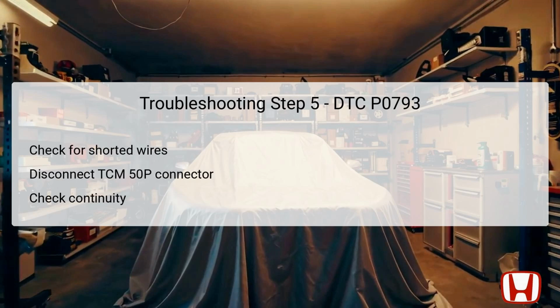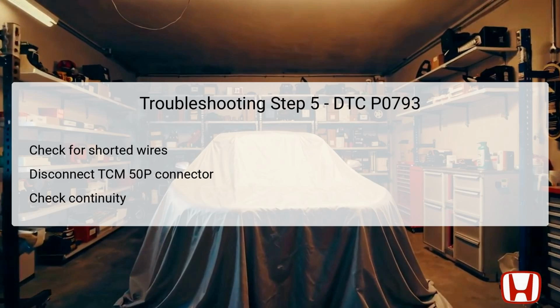Step 5 requires a focused check for shorted wires in the NDR PWM line, which can lead to faulty sensor readings. Begin by powering off the vehicle completely, turning it to the off-lock mode. Next, disconnect the TCM 50P connector to further isolate the TCM from the circuit.